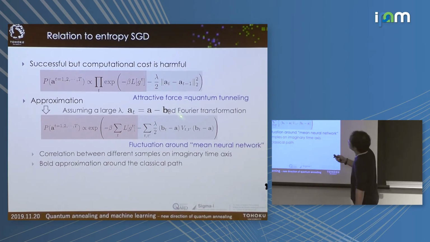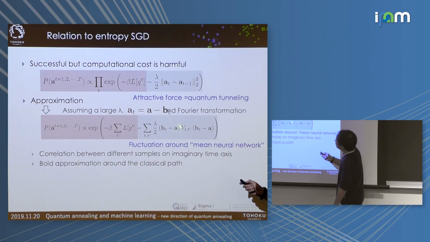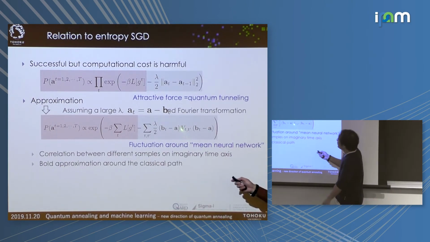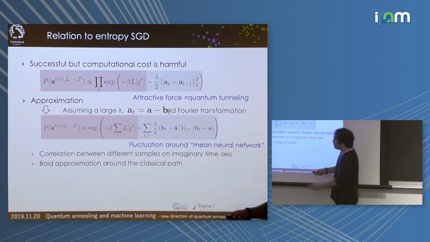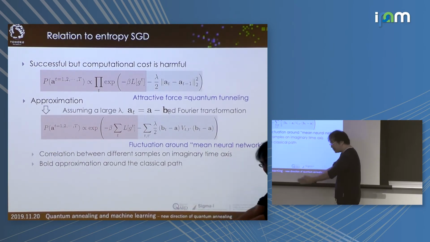With some computations using the Fourier transformation, we have a quadratic form like this. That means fluctuation around the mean neural networks, and BT is the fluctuation around the mean neural networks. VTT denotes the correlation between different samples at different imaginary times.